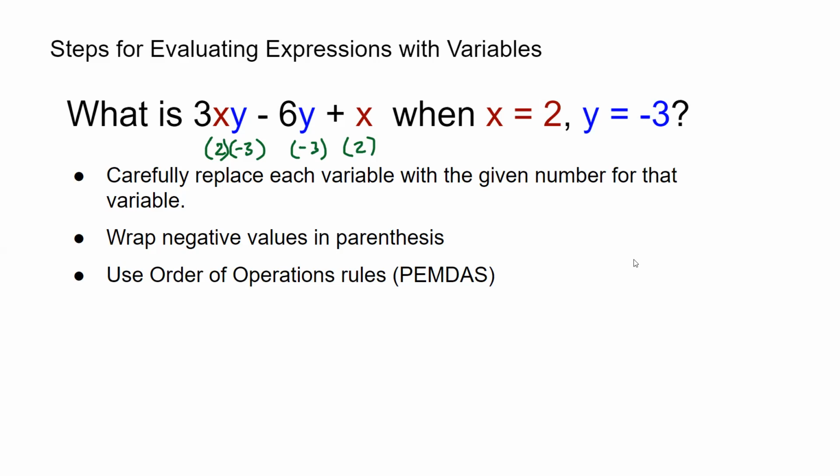In other words, PEMDAS. So we do the parentheses and then the exponents, then multiplication and division, and then addition and subtraction. Use your calculator if possible. If you are allowed, you're going to make fewer mistakes if you do that. Let's take a look at some examples.